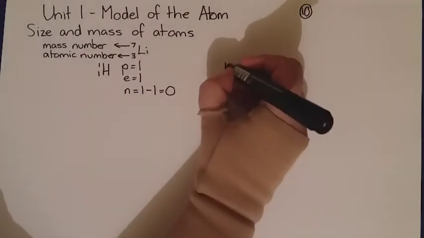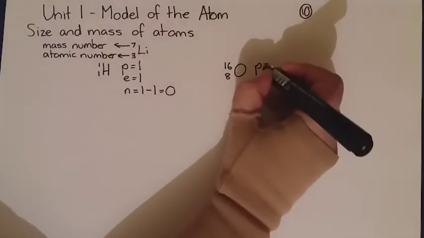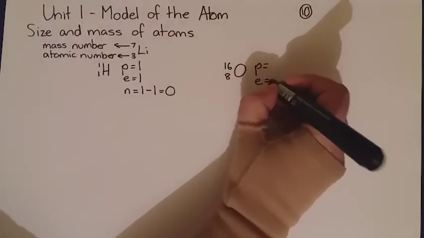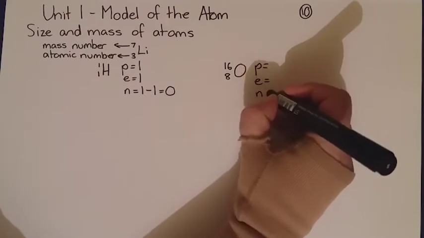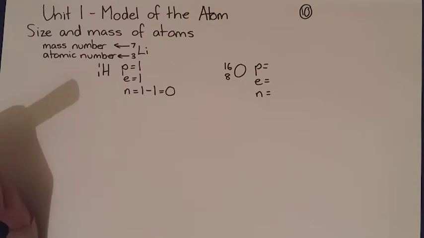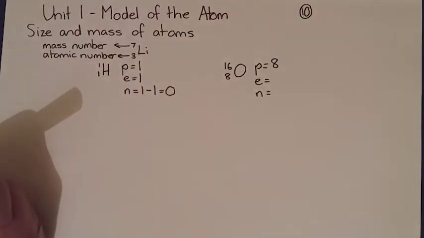Let's look at another example. This time we'll do oxygen. The atomic number is 8, so therefore it has 8 protons.